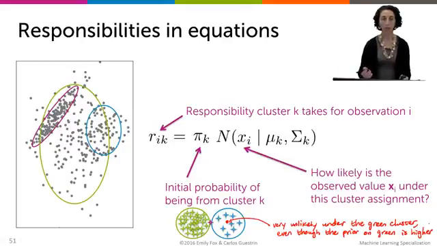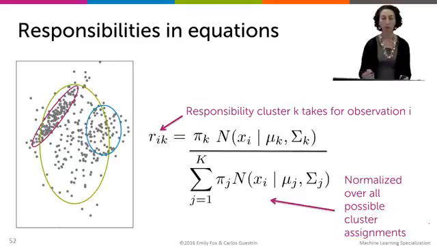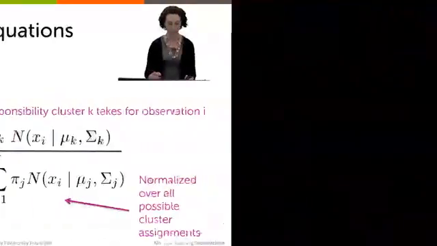So we really have to consider both of these two terms together. Then, in order to make this a valid probability, we need to normalize over all possible cluster assignments.